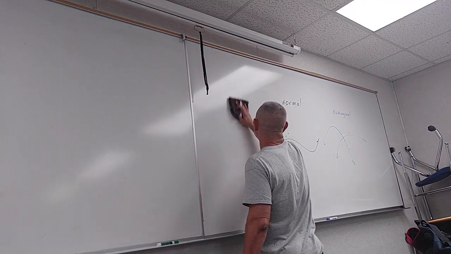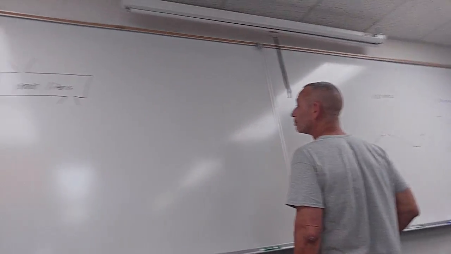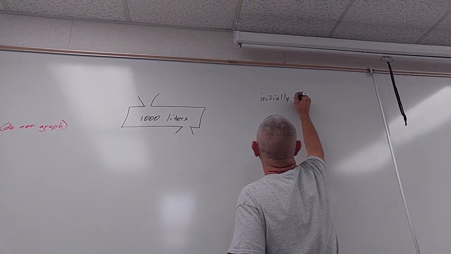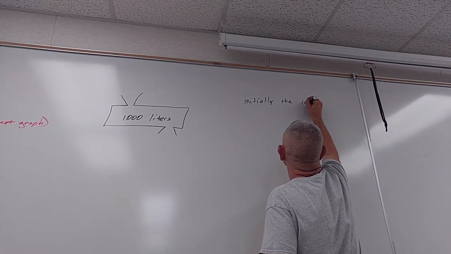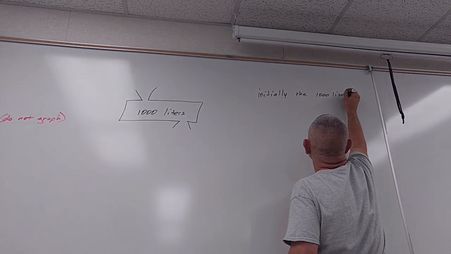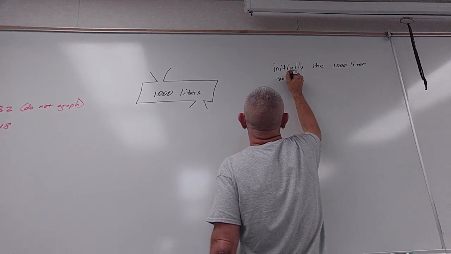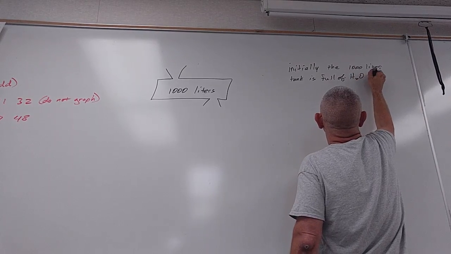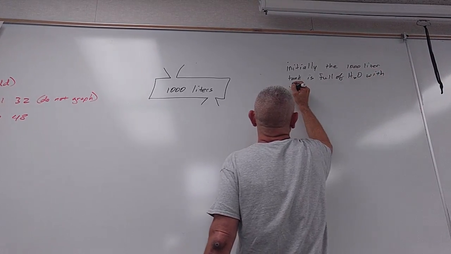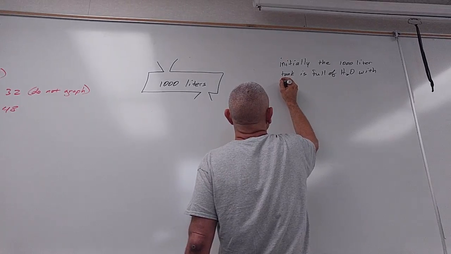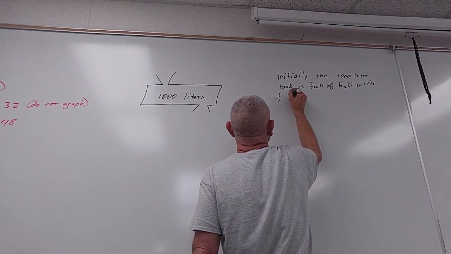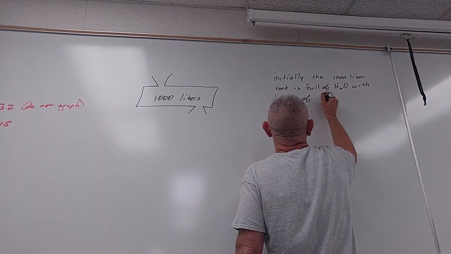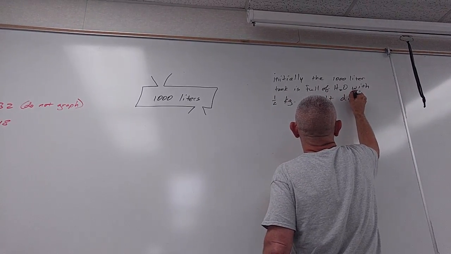Let's stick with the traditional examples. Let's say initially the 1,000-liter tank is full of water with, let's say, 1/2 kilogram of salt dissolved into every liter.